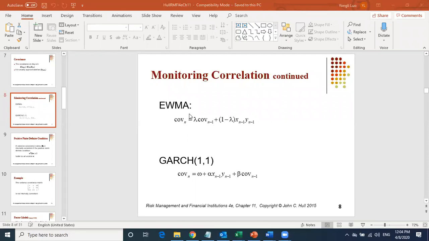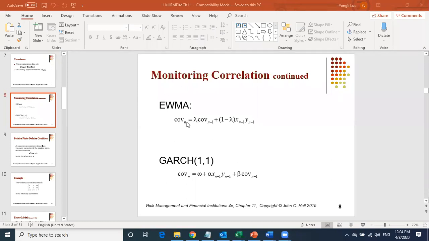One way is the exponentially weighted moving average. So we use the first formula for the exponentially weighted moving average. You have lambda, which is the parameter you need to estimate.